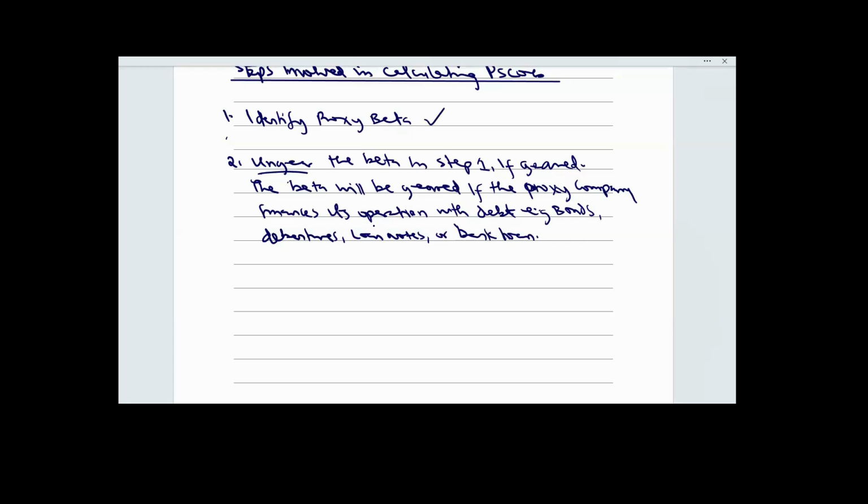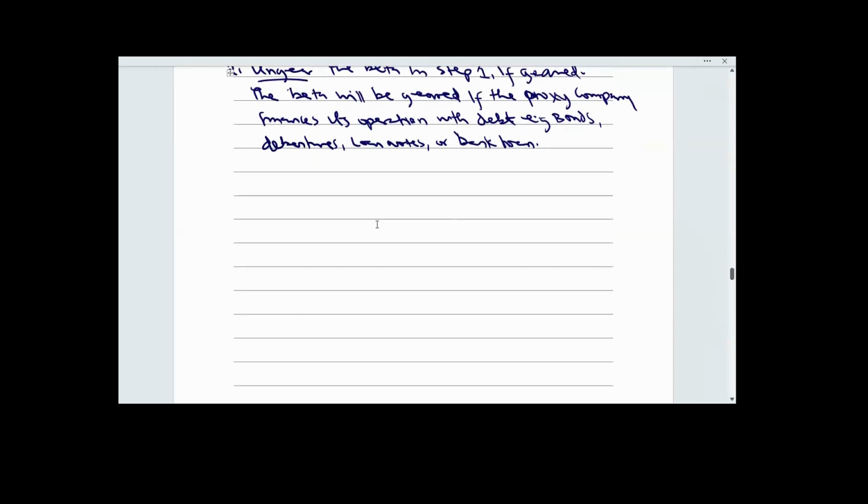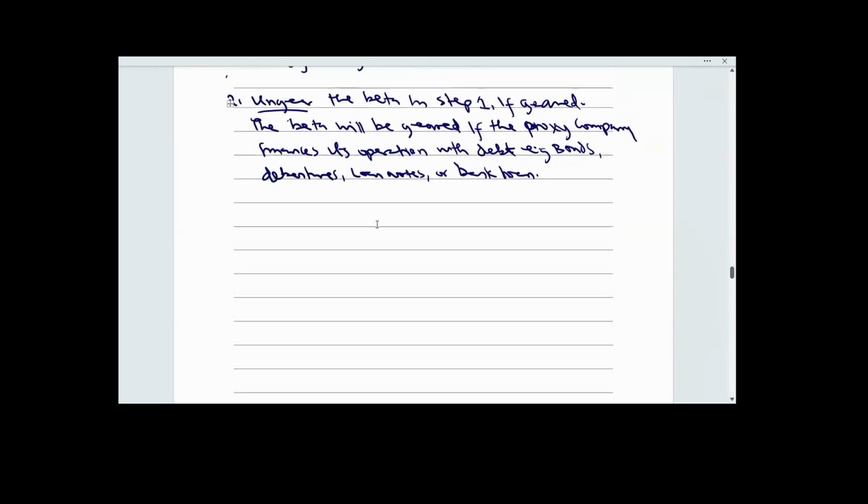Once you go to the question, go and check the capital structure or the balance sheet of the proxy company. If you can see any form of debt, like bonds, debenture, loan note, or bank loan, it means that the beta you have identified in step 1 is a geared beta. Therefore, how do you then ungear? Ungear beta simply means asset beta.